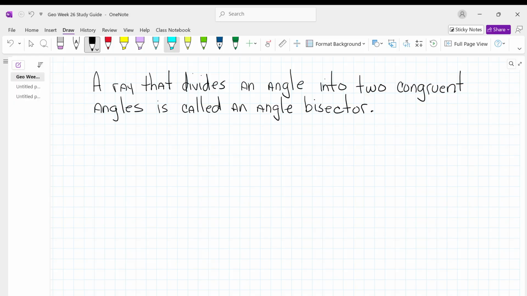A ray that divides an angle into two congruent angles is called an angle bisector.